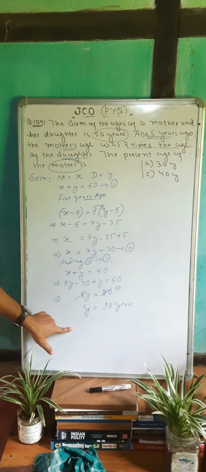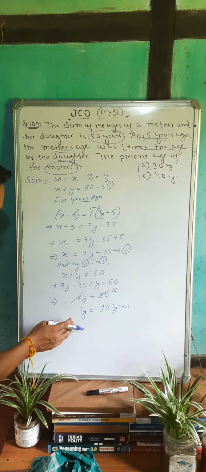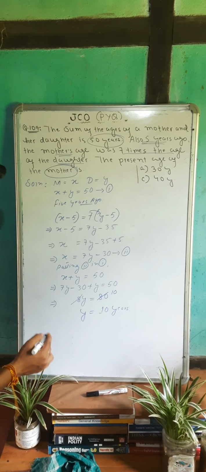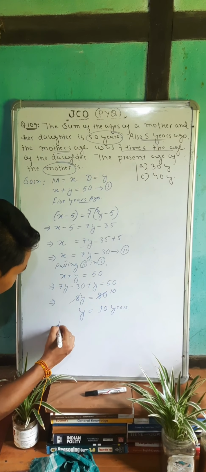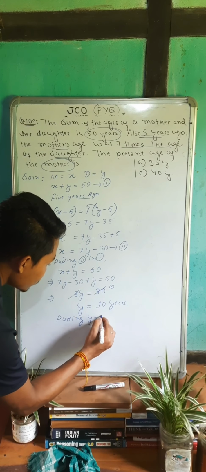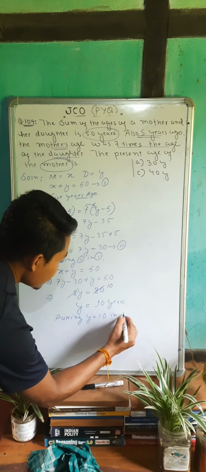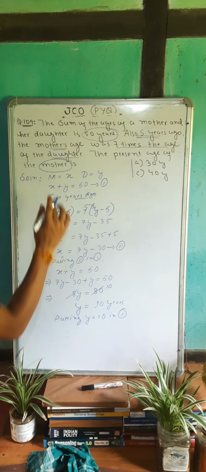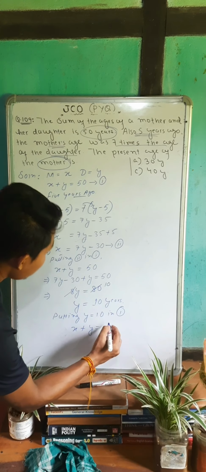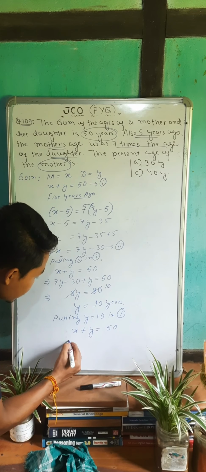What will be the present age of mother? Now we can put the value of y equal to 10 in equation number 1. So putting y equal to 10 in 1, we get x plus y equal to 50 years.